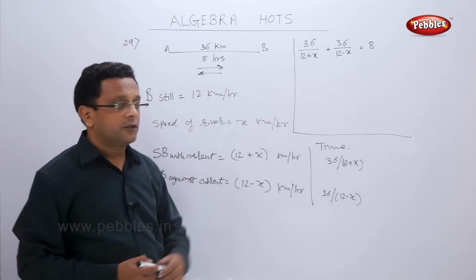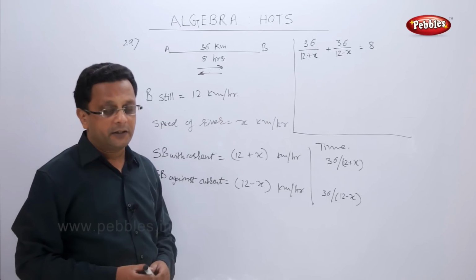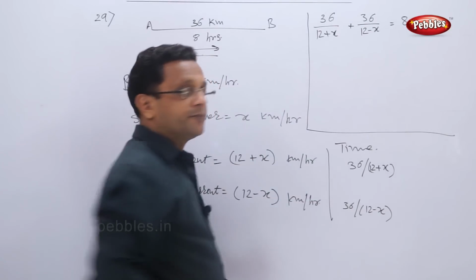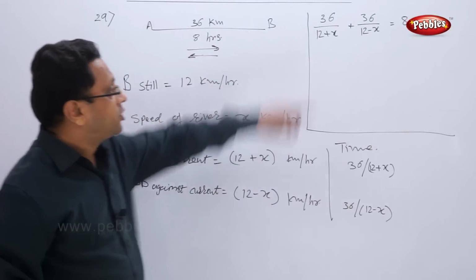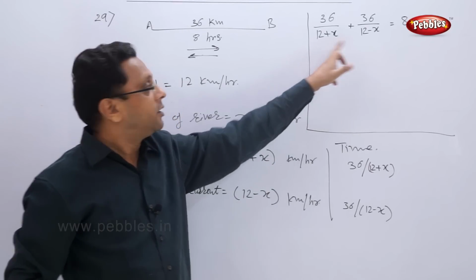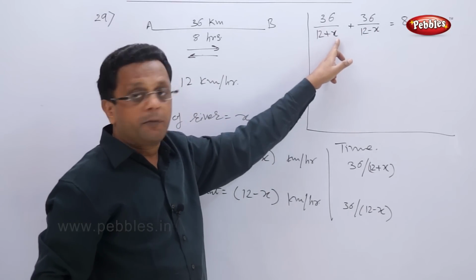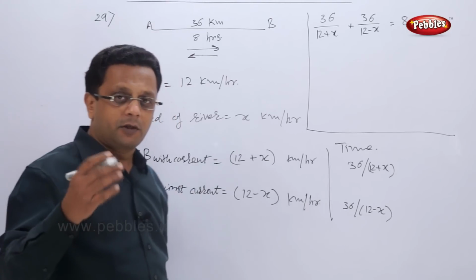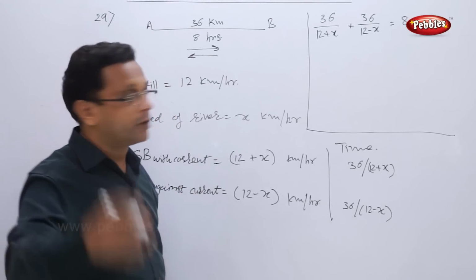When you solve this, you will get the value of x. How you will solve this? Cross multiplication. That is 36 into 12 minus x plus 36 into 12 plus x equal to 8 into 12 plus x into 12 minus x. Right? I am just solving the next step. The rest you have to solve.